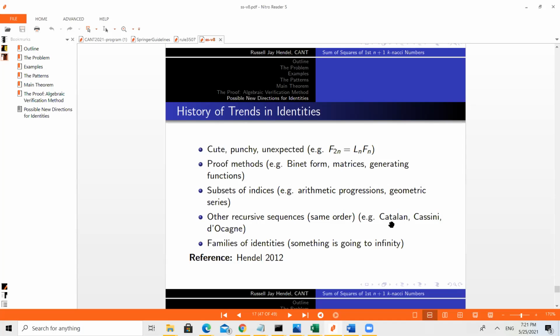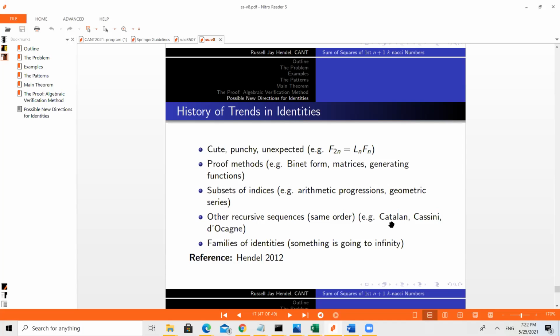Does that apply to the Pell Lucas numbers and the Lucas numbers? And does that apply when the recursion is not Fn equals Fn minus 1 plus Fn minus 2, but Fn equals A Fn minus 1 plus B Fn minus 2? And you look at the Catalan, the Cassini, the Cogne identities, and you say, can we generalize these for all things? So you're looking at recursive sequences, but very often you're sticking to order 2.